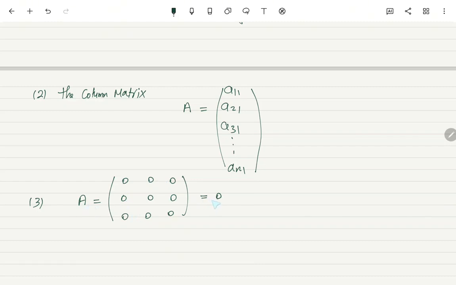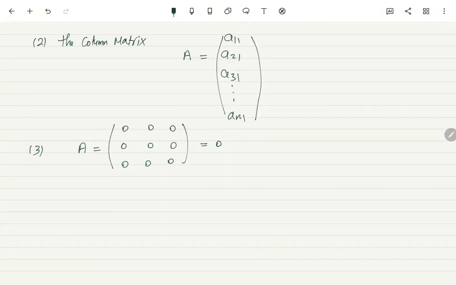So A equals 0 for this type of matrix is acceptable. The null matrix has the property that if we add any matrix to the null matrix, the matrix remains the same, and if we multiply any matrix with the null matrix, the answer is 0. So A plus the null matrix equals A, and the null matrix multiplied by any matrix A, or A multiplied by the null matrix, the answer will be, after all, 0.